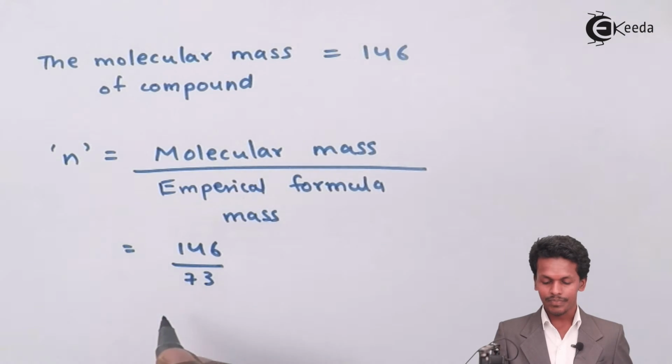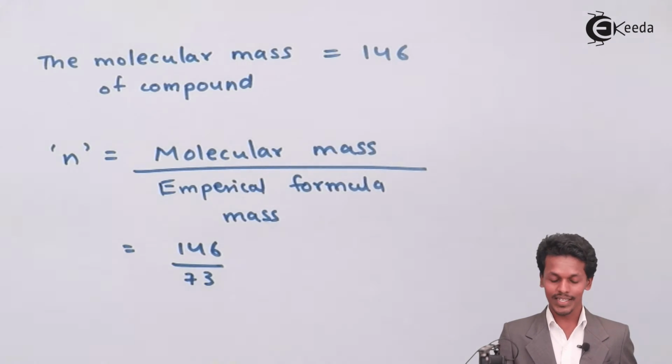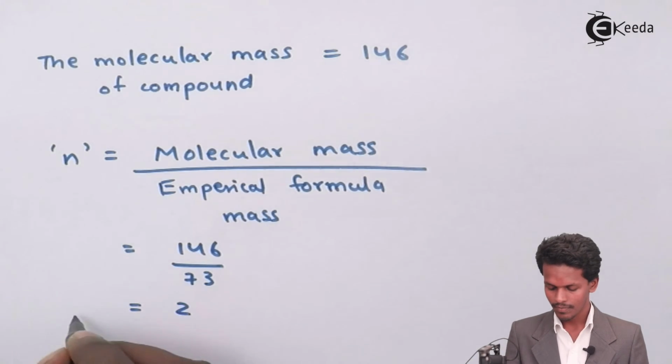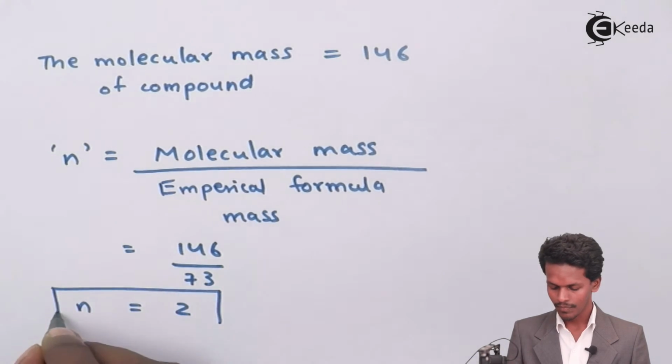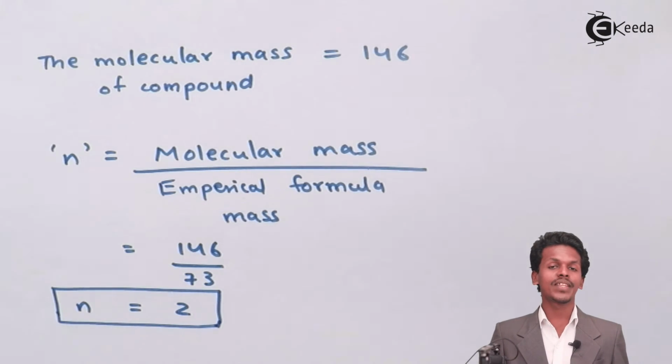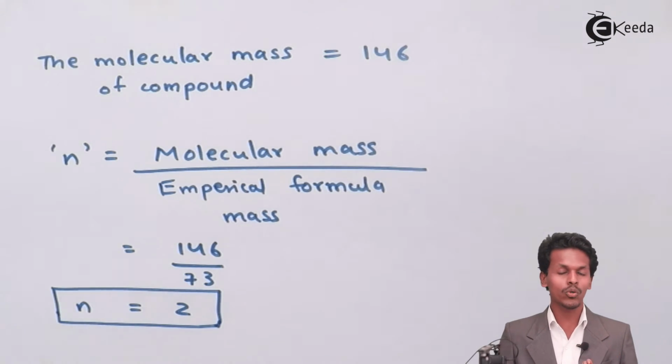If we divide this, the answer is nothing but 2. So the value of the factor N is found to be 2.